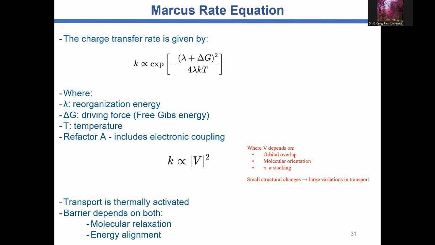I wrote it wrong here, but the prefactor, because it's proportional here, where there are several new models proposed for new materials, but we can in general see that they are proportional to the V, and these V are related to the orbital overlap, also molecular orientation and pi-pi stacking.